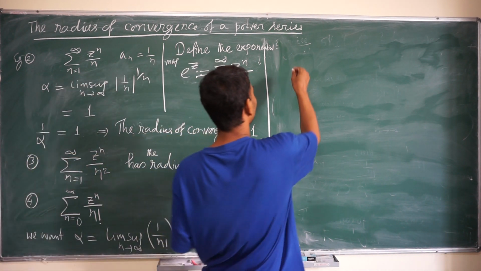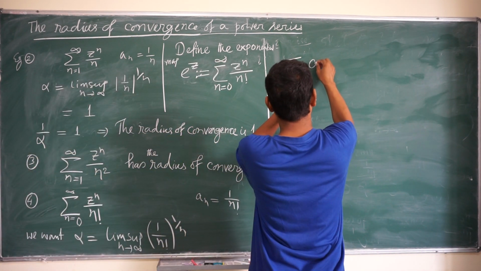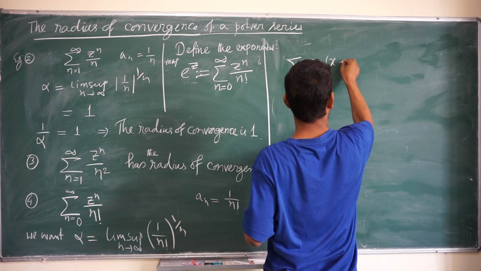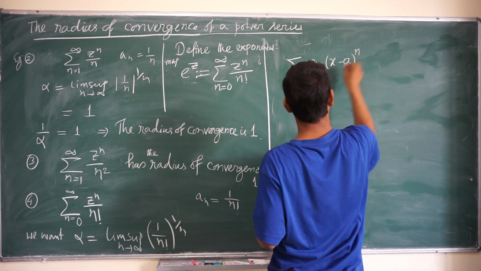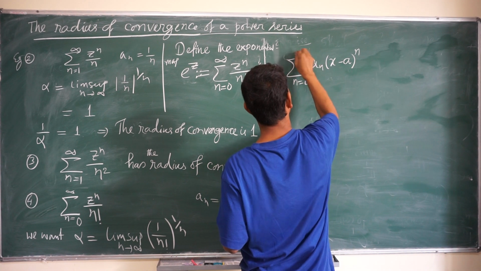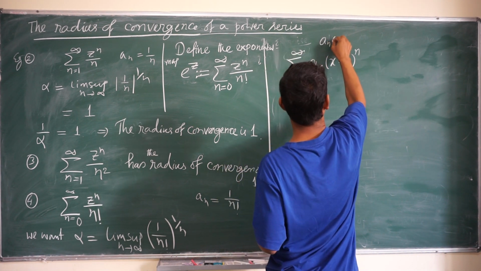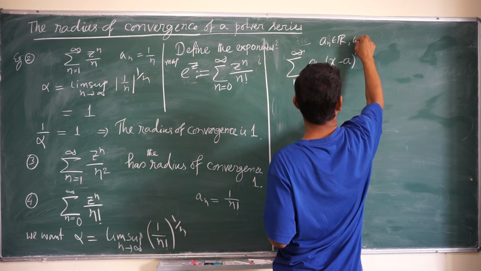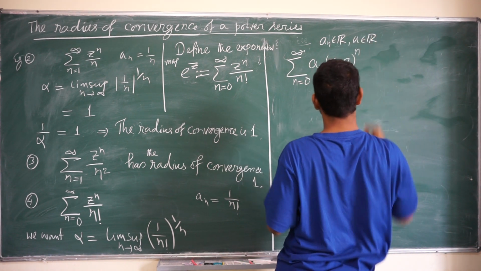In real variable you have a series summation a_n (x minus a)^n, n from 0 to infinity, where a is also a real number.